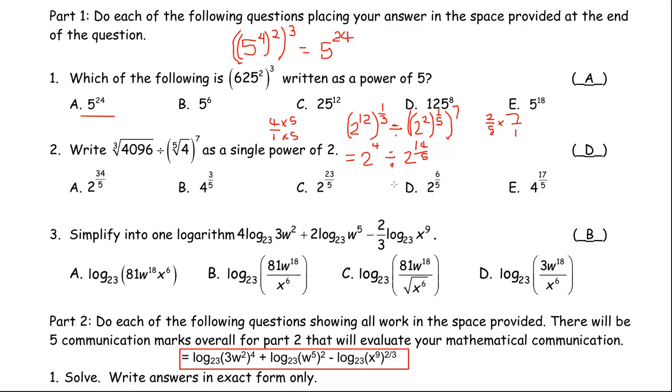So we have 2 to the 20/5 divided by 2 to the 14/5. And you subtract the exponents, so 20/5 minus 14/5 would be 6/5, so this is going to be 2 to the 6/5, which is answer D here.